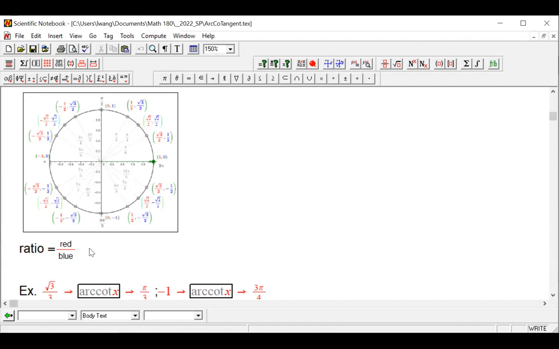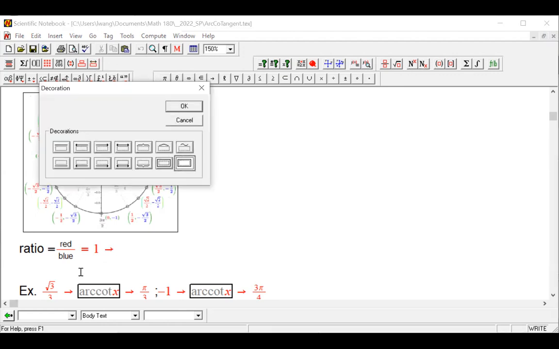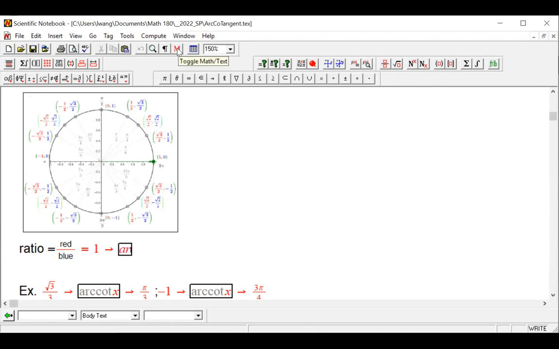For the example, for that ratio equals to 1, how many angles are there? If this ratio is the input and we send this to ArcCoTangent, we take this ratio 1, and we're gonna produce one angle. We can only produce one angle.